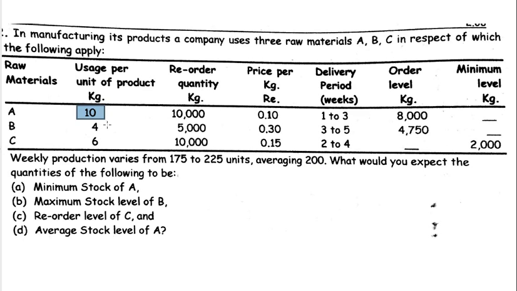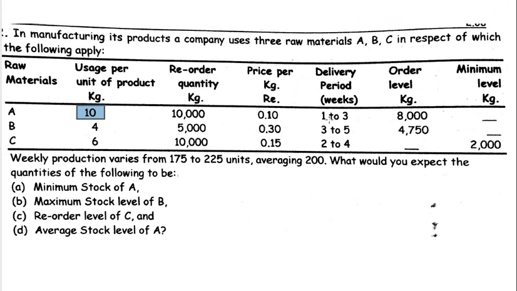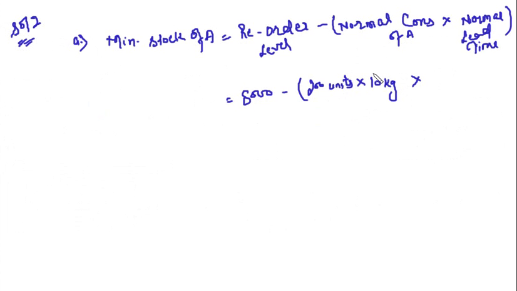So you can say 2000 is the normal consumption. 200 units multiplied by 10 kg per unit multiplied by what is the normal lead time? It takes 1 to 3 weeks. What is the normal time? Average of this, that is 2. So this comes to 4,000 kg is the minimum stock of A that should always be there in your store. Otherwise, a stock out situation can arise.